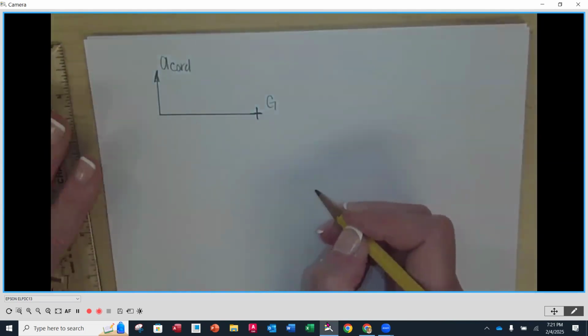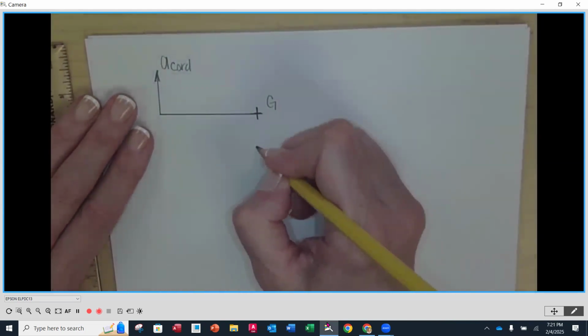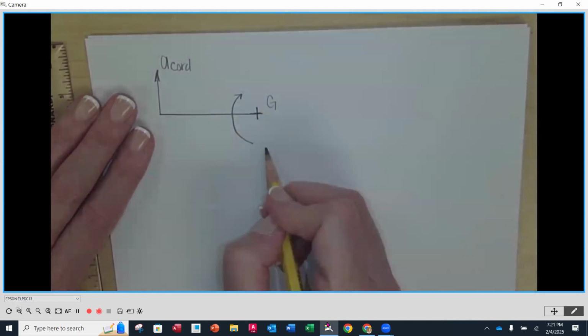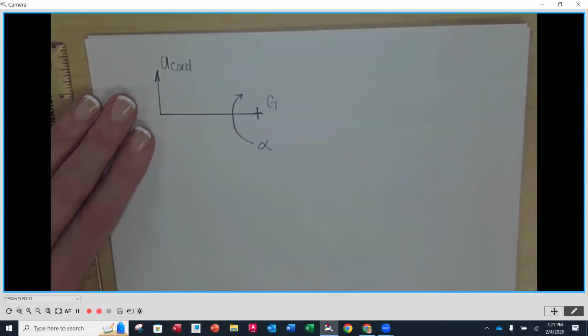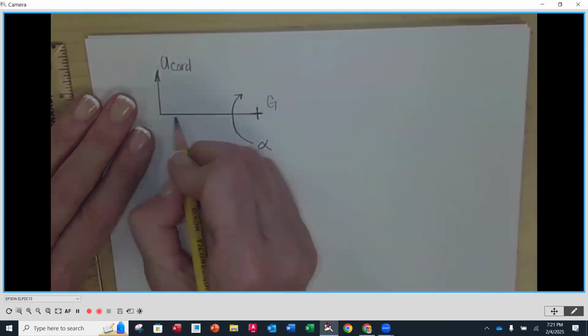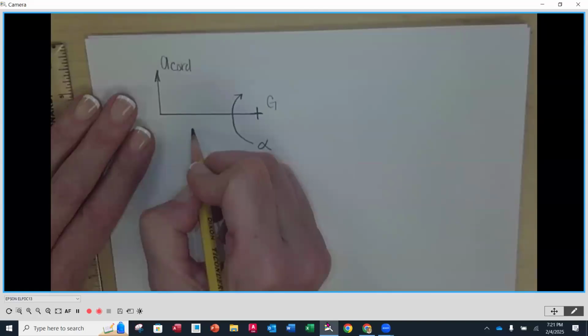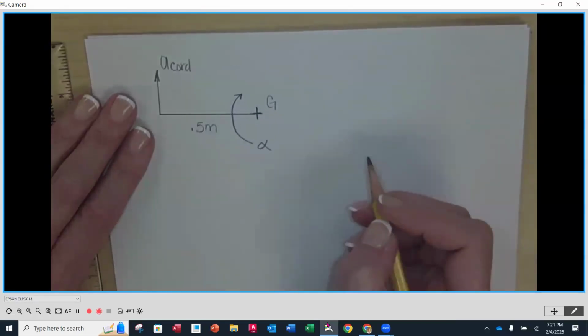Okay. We know that now, based on what we just calculated, our alpha is going in a clockwise direction. Our radius is right here, and we know that to be 0.5 meters.